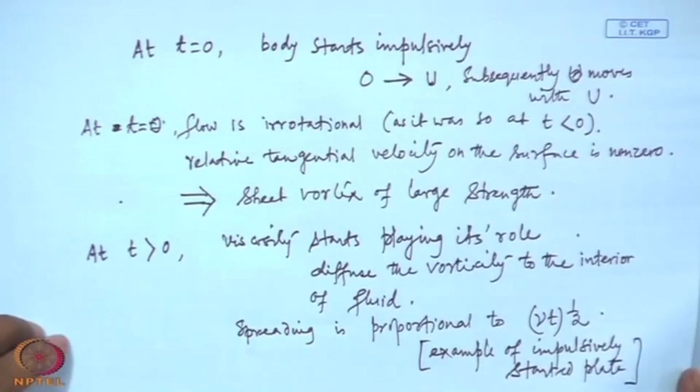So, after a small time t, because of this viscous action, the vorticity which was initially created on the surface has now spread to a small distance nu t to the power half. However, the convection is also simultaneously playing its role. Now, if we consider our flow, this flow was supposed to be tangential.